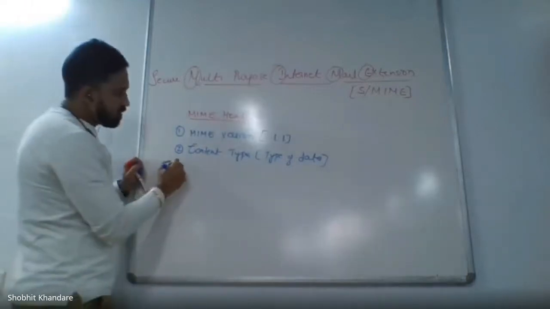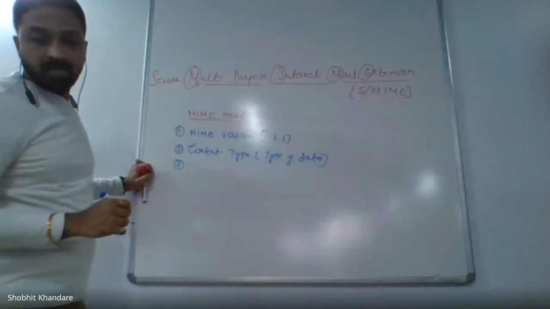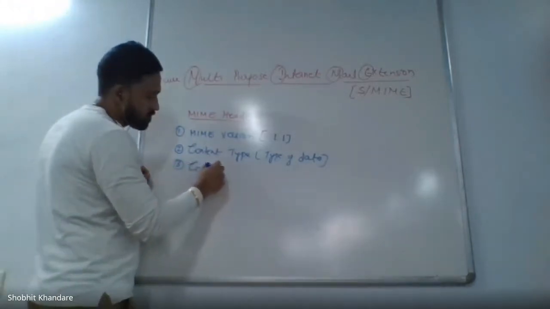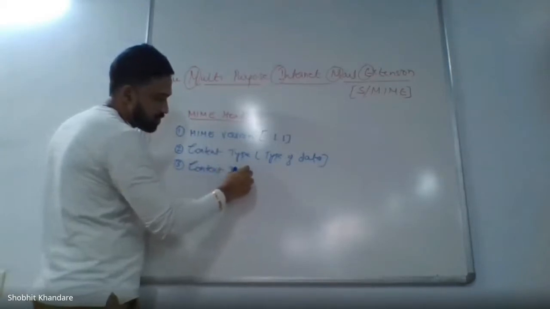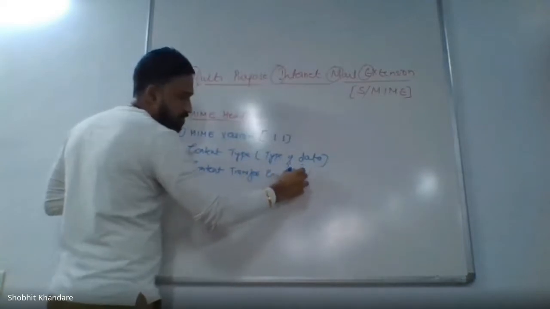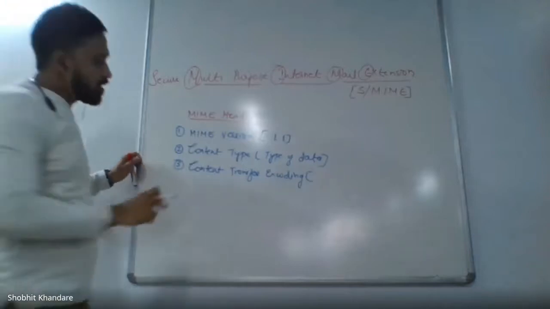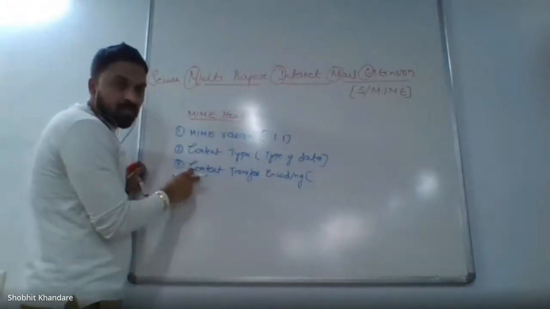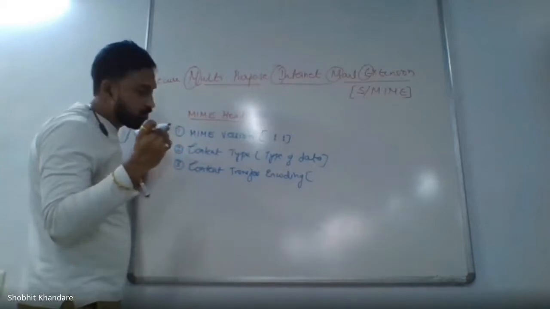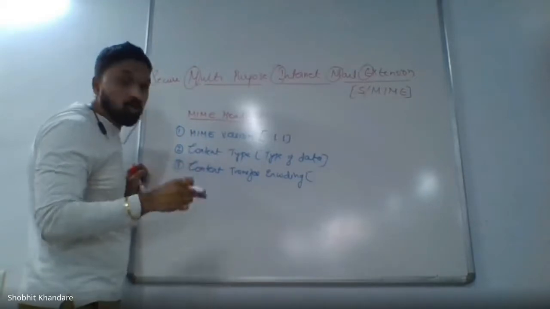The third one is the content transfer encoding. Now this particular thing will tell you what method you have used to encode the message.